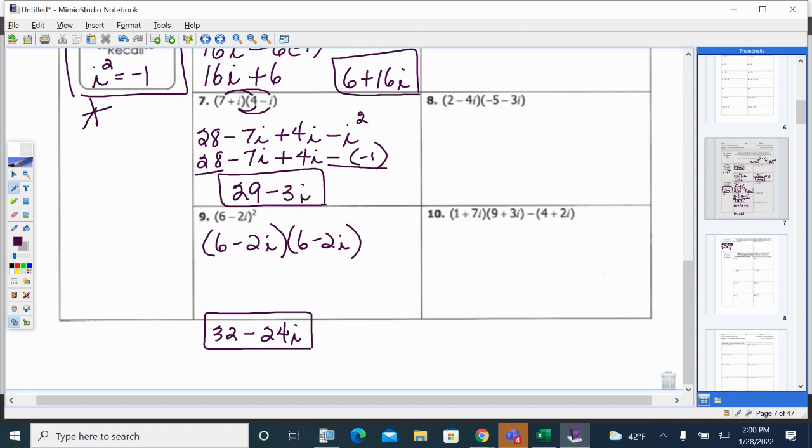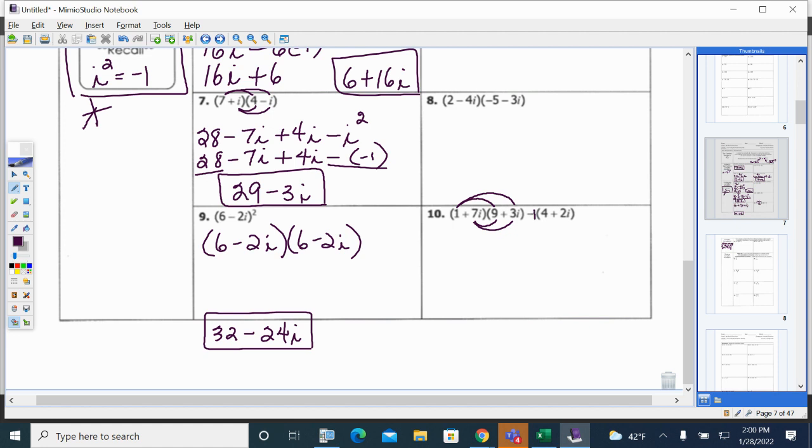In number 10, you've got 1 plus 7i times 9 plus 3i, minus 4 plus 2i. So the 1 plus 7i times 9 plus 3i is going to look like what we did in number 7. We're going to take the 1 times the 9, the 1 times the 3i, 7i times 9, and 7i times 3i.